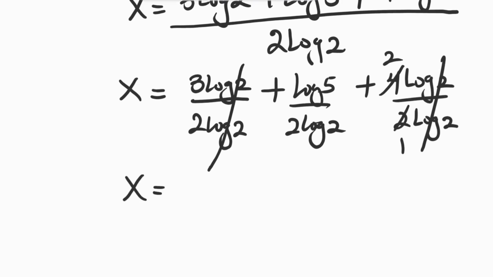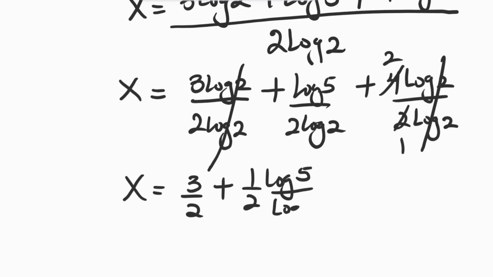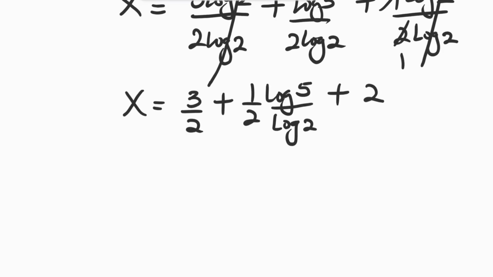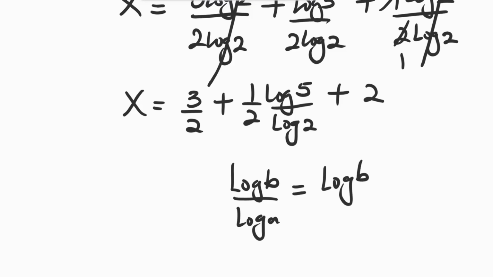So we have our x to be 3 over 2 plus half log 5 divided by log 2 plus 2. Our log rule states that when we have log of b divided by log of a, it is the same thing as log of b base a.